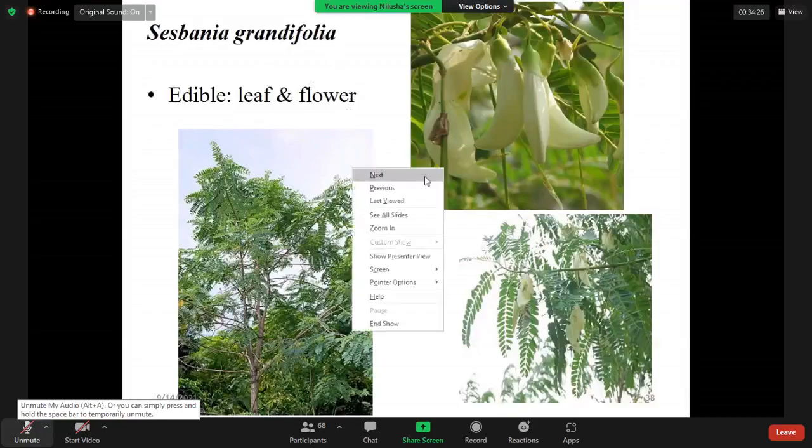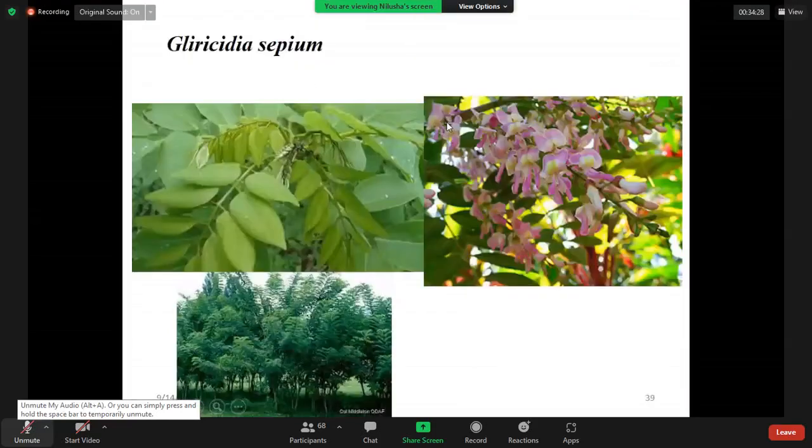Next one is Gliricidia sepium, or we just call it Gliricidia. This is the leaf, and this one is the flower. This one is also very important, because it is also used as a green manure crop, because the leaf also contains nitrogen.